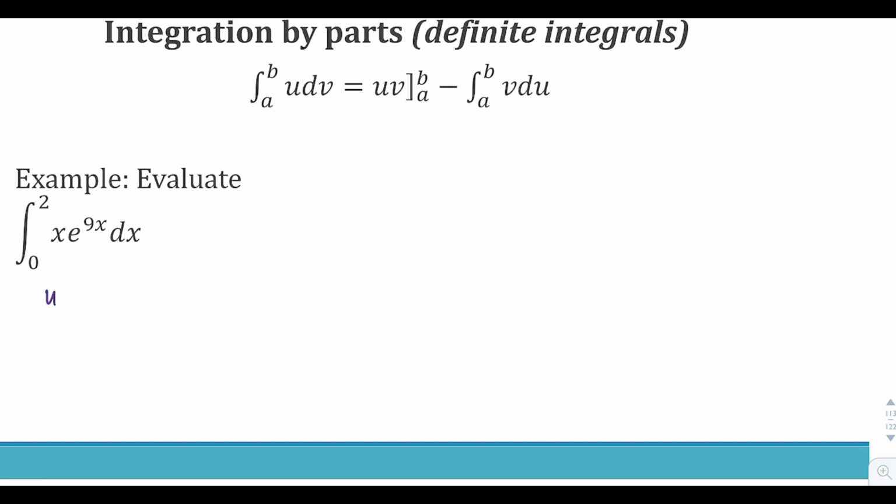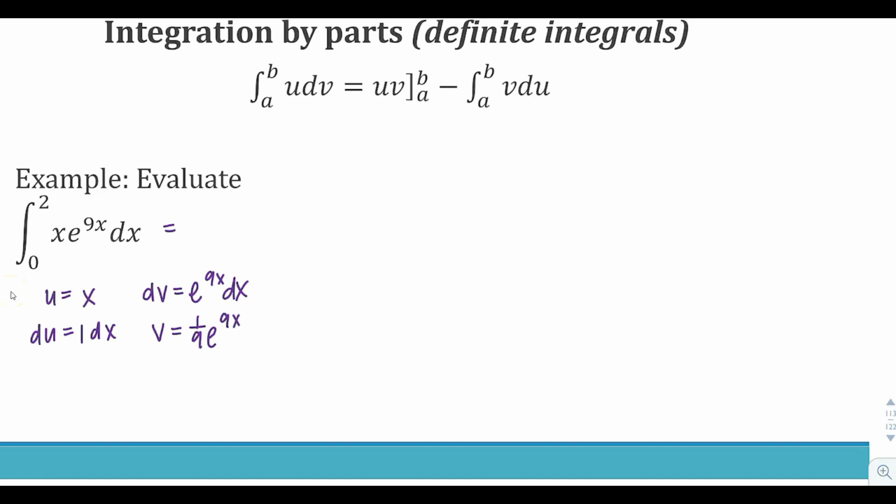So we have u will be equal to x because du is just 1 dx. And our dv is e to the 9x dx, so our antiderivative v is 1/9 e to the 9x.